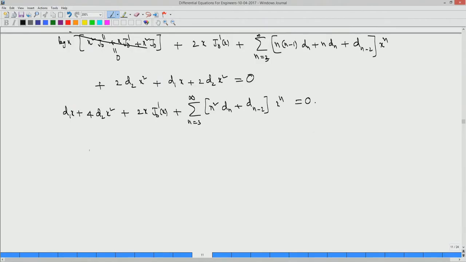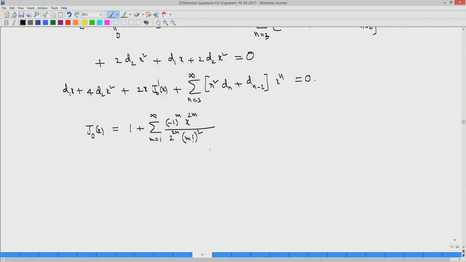So what is your J0? J0 of x, as you have already seen, is 1 plus the sum over m from 1 to infinity of (minus 1)^m (x/2)^(2m plus alpha), with alpha equal to 0, divided by (m factorial) squared.